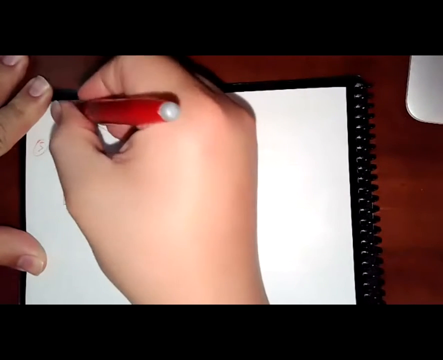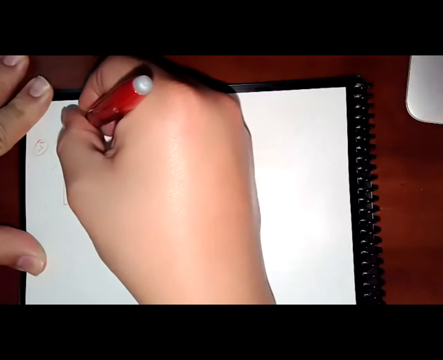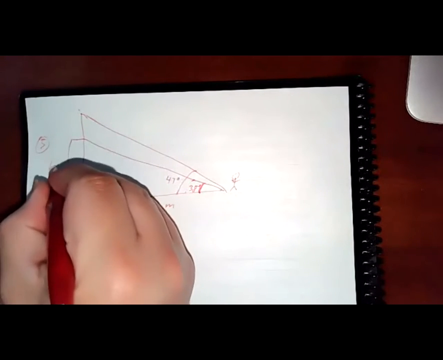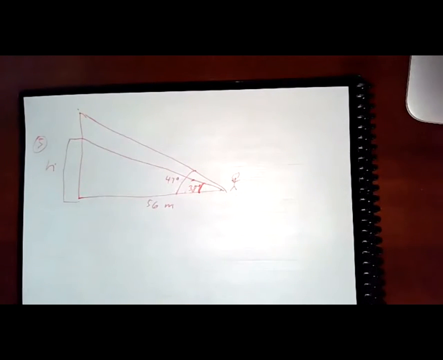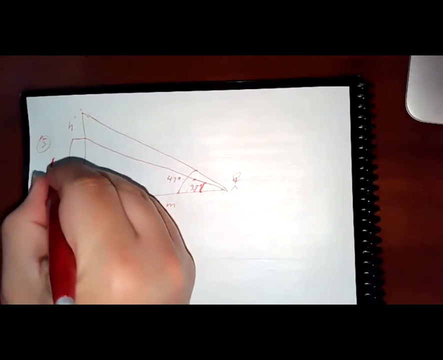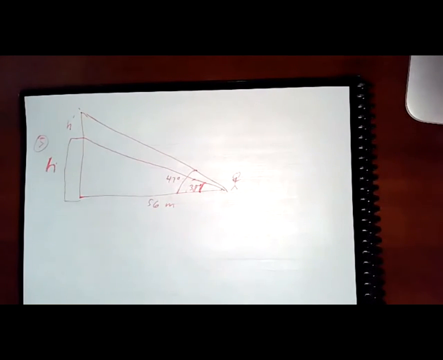I'm going to put it right here. It looks prettier. So I'll call this height H. I'll call this height H prime, just to distinguish them.